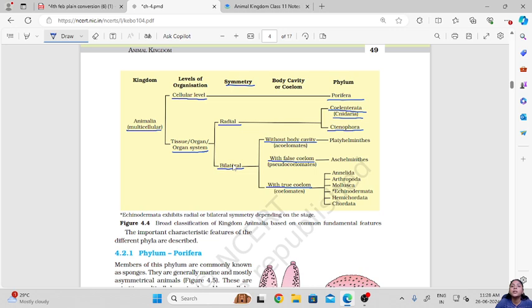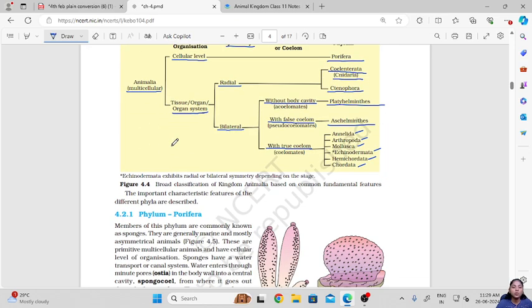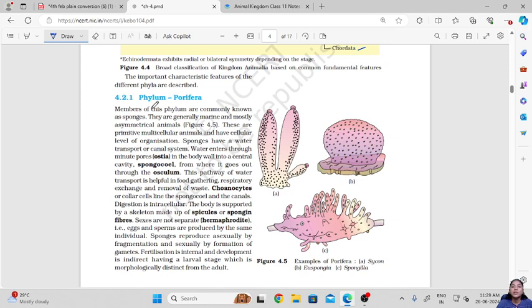Now in acoelomates we have the Platyhelminthes, in pseudocoelomates we have Aschelminthes, and then in coelomates we have all these: Annelida, Arthropoda, Mollusca, Echinodermata, Hemichordata and Chordata. So let us start with the classification of the animal kingdom.